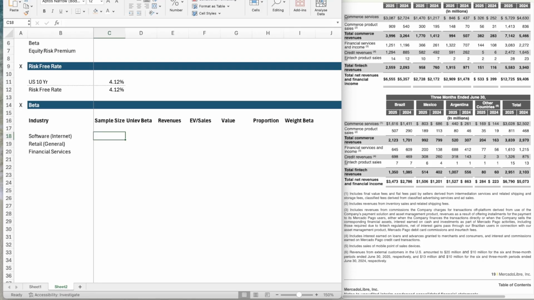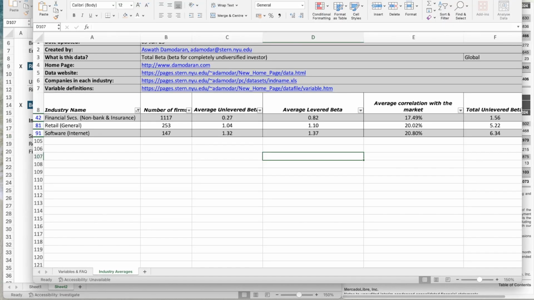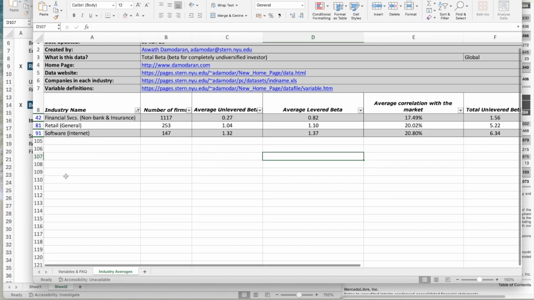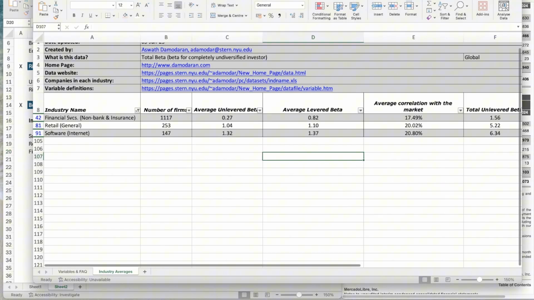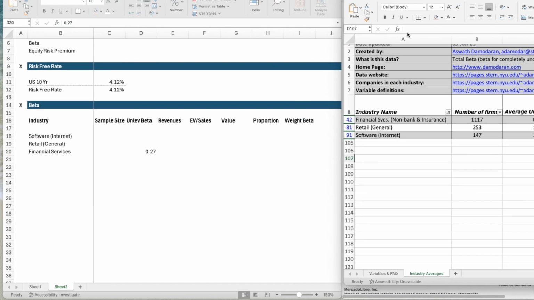Where is it gone? Sorry, 1 second. Okay, yeah. So 0.27. I'll come back to sample size in a second. Let's just get these in. No, there we go. That's better.